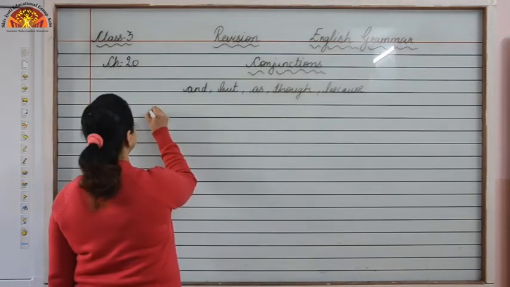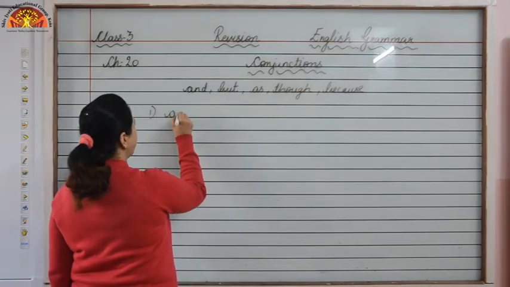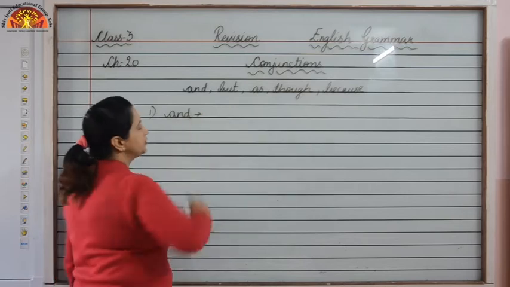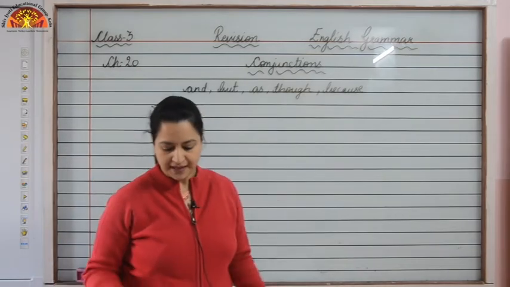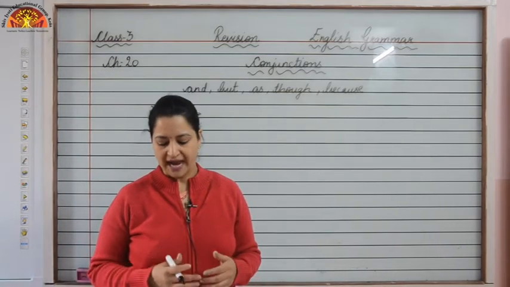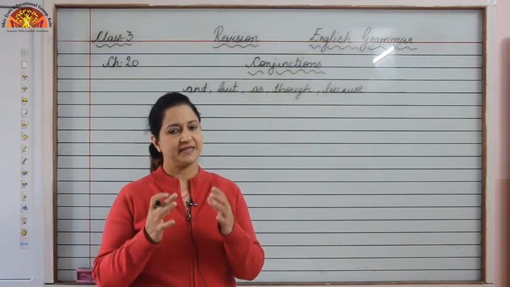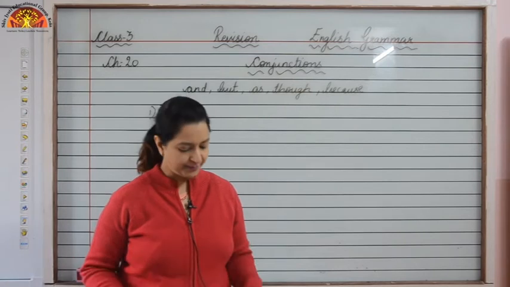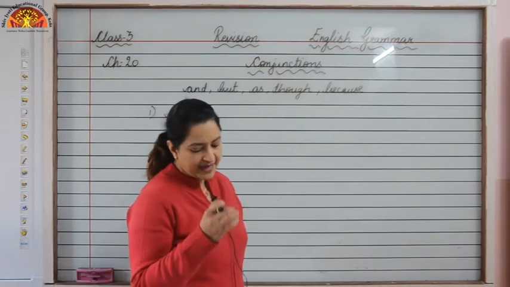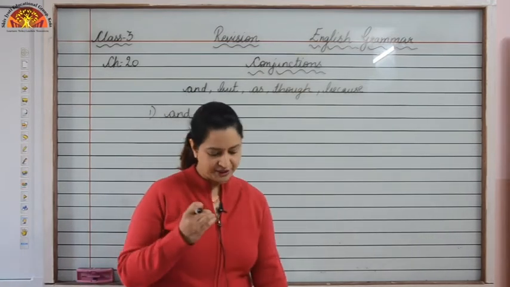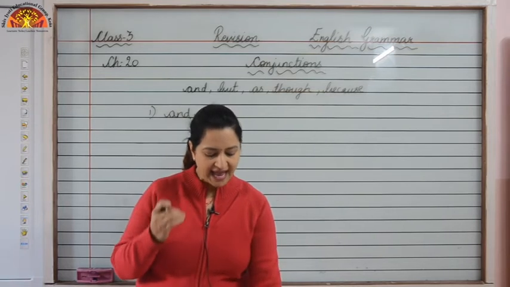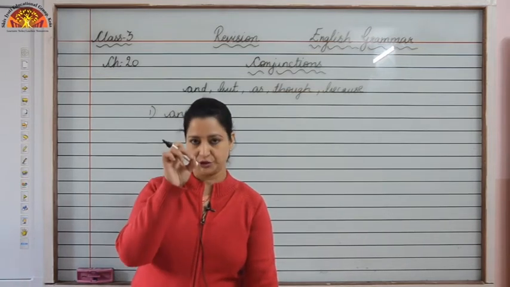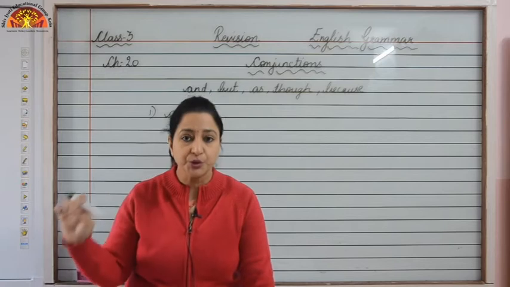Number one, and. Where to use and? When we want to add two words, phrases or sentences, we use and. For example, on your page number 82 in exercise number A: Anne has a book. Anne has a notebook.